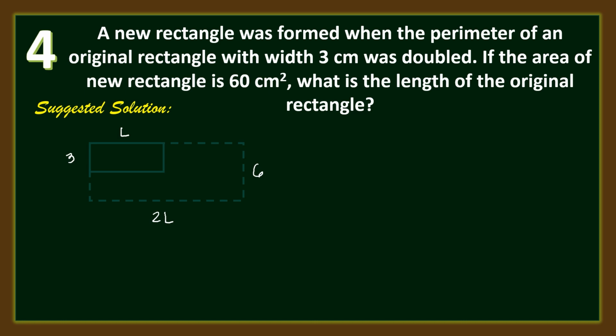Since the area of this new rectangle is 60 squared centimeters, then we have 60 is equal to 6 times 2L. Dividing both sides by 6, we have 10 is equal to twice the length. Divide both sides by 2, then we will get the original length as equal to 5 centimeters.